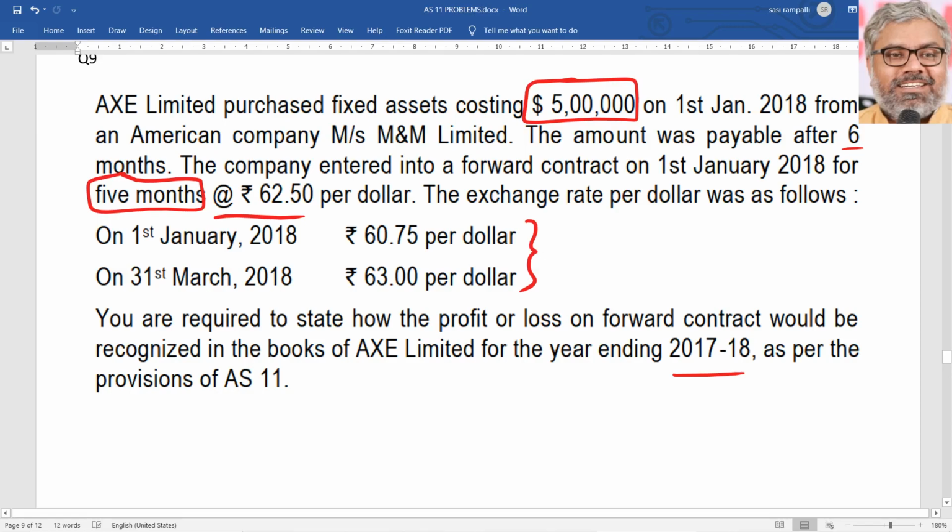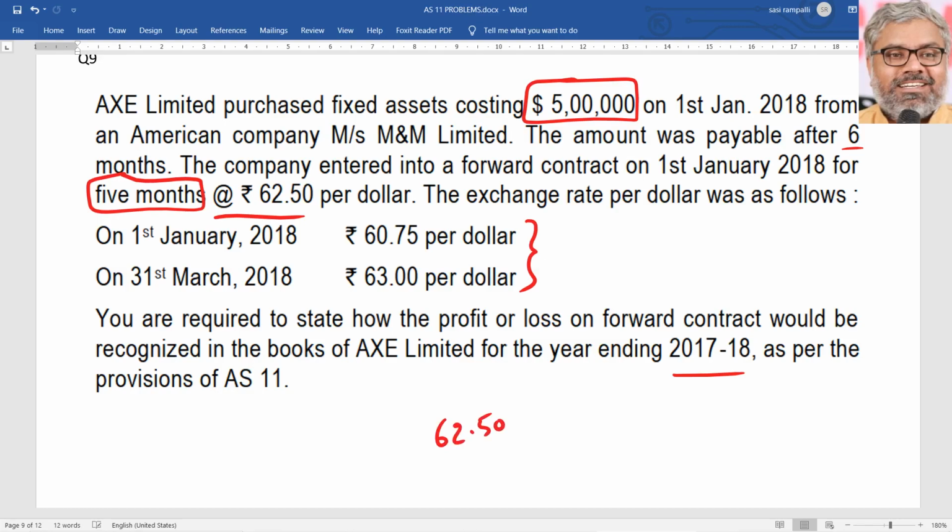Of course, if we consider it as speculative transaction, then the story is different. If we consider it as non-speculative transaction, then simply whatever the difference between spot rate and forward rate has to be recognized, amortized over the period of life of the contract. That's all. So what was the spot rate on 1st January 2018? 60.75. Forward rate was 62.5.